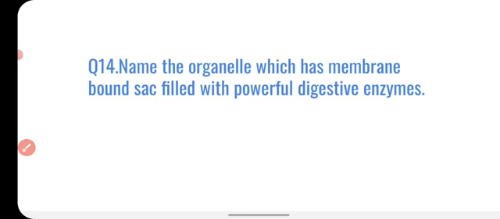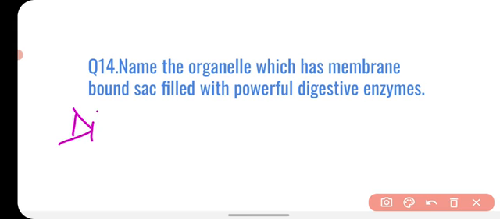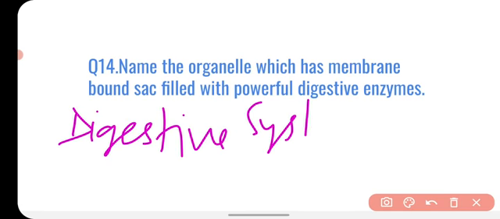Next question is, name the organelle which has a membrane bound sac filled with powerful digestive enzymes. Can you tell this organelle which is a membrane bound sac-like structure, and it contains digestive enzymes. That is called the digestive system of the cell.